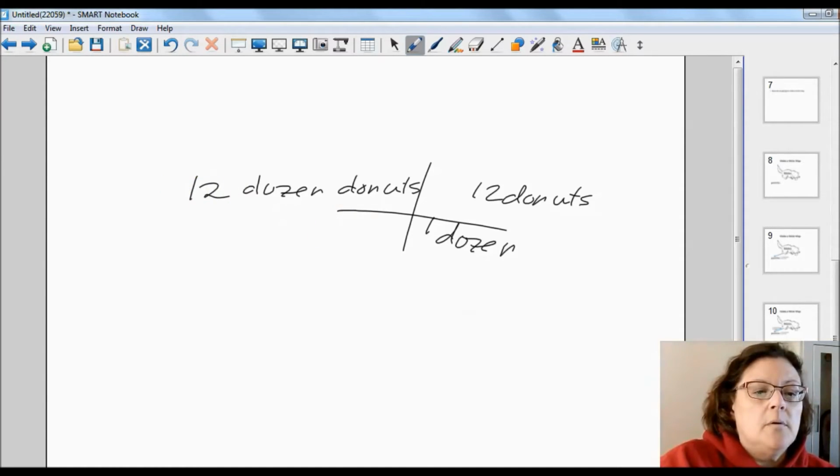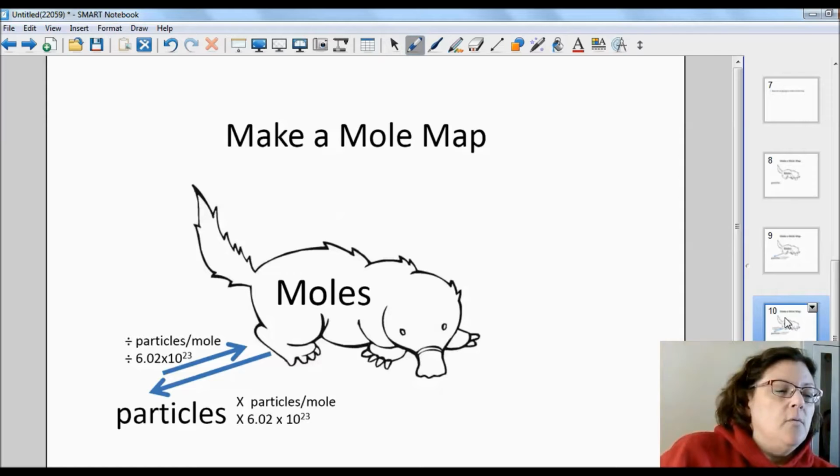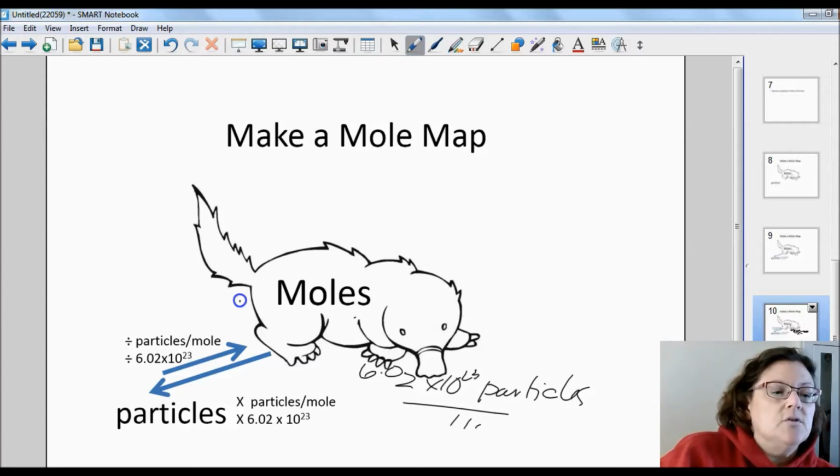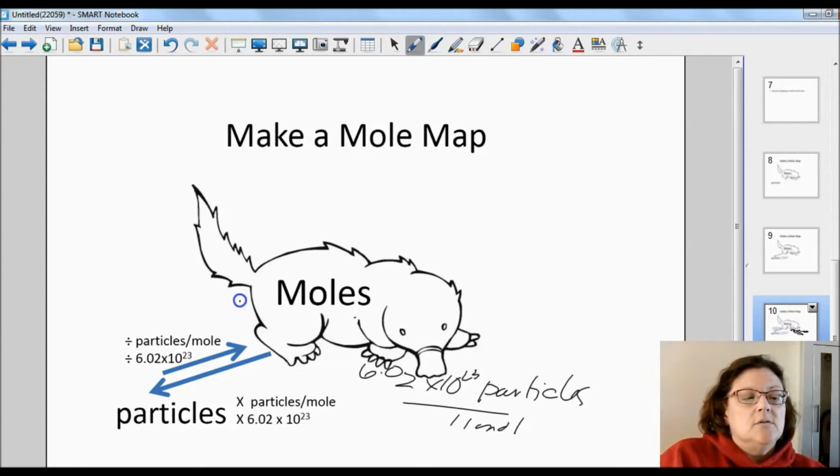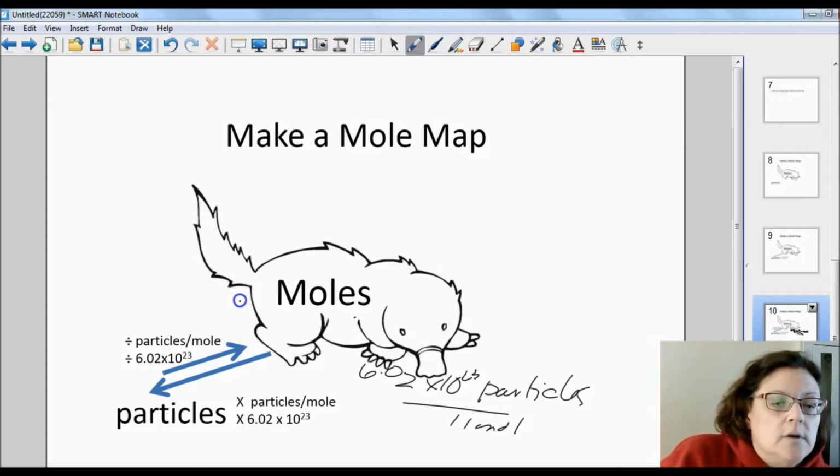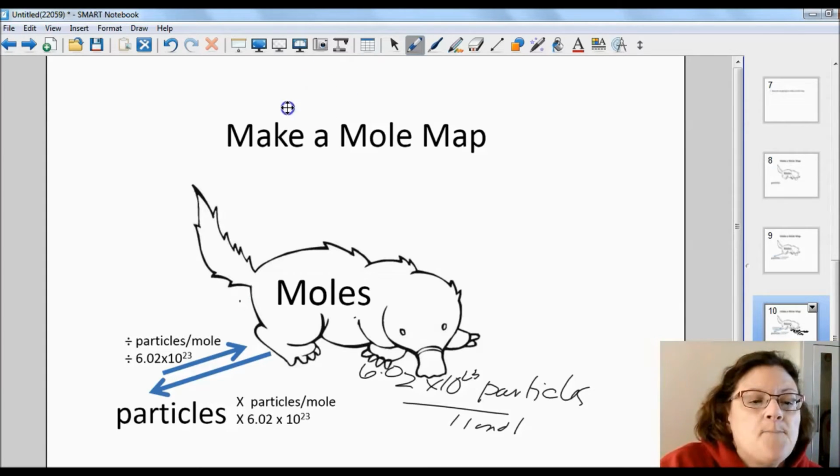Well, on our mole map, if we want to go from moles to particles, we're going to multiply, because there are 6.02 times 10 to the 23rd particles in 1 mole, just like there are 12 donuts in 1 dozen. Okay? All right, so now we'll go on and do the worksheet.